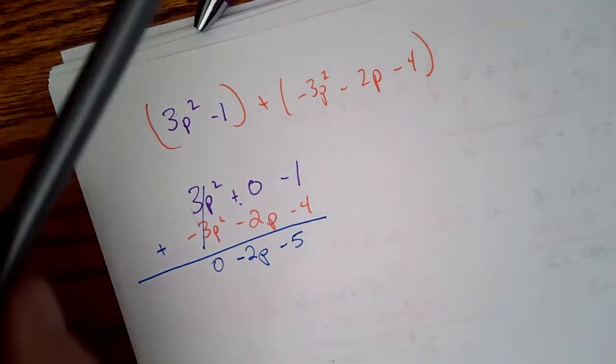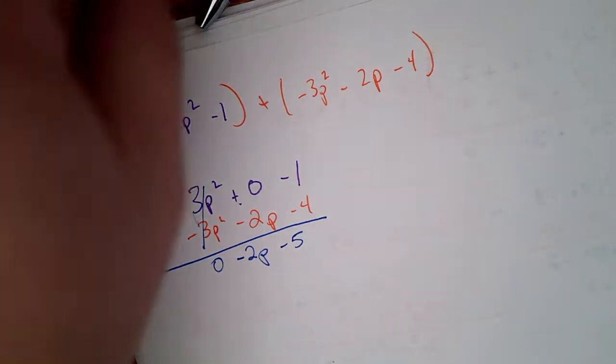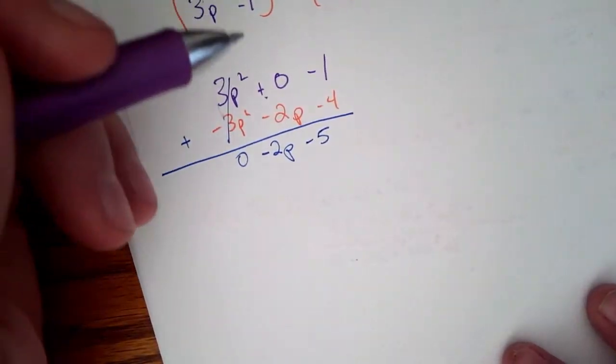All right, let's do one more from this section and then go on to the other one, because the other one is essentially the same thing. Let's look for one that's ugly. Let's do number 9 from the text.